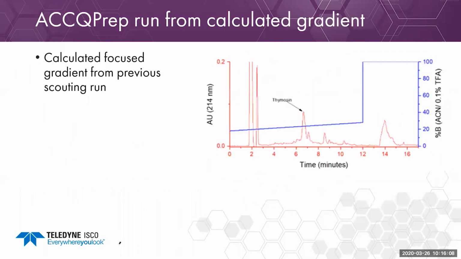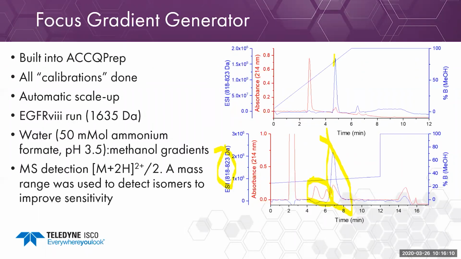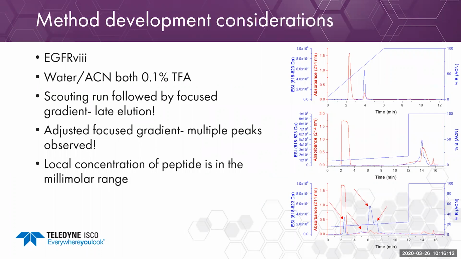Okay, now, how did I calculate this? I started off using acetonitrile water, and I did a scouting run, and my compound came out late over here. However, I was able to raise the scouting gradient up by about 5% and get the compound to elute, focus gradient over here.